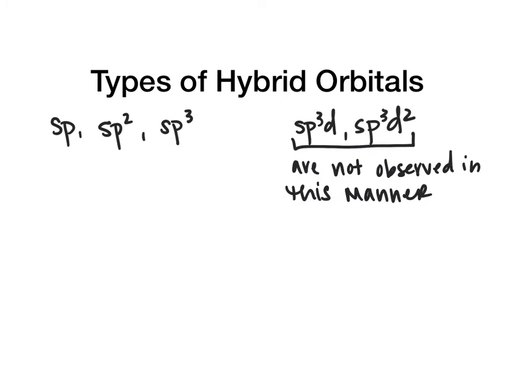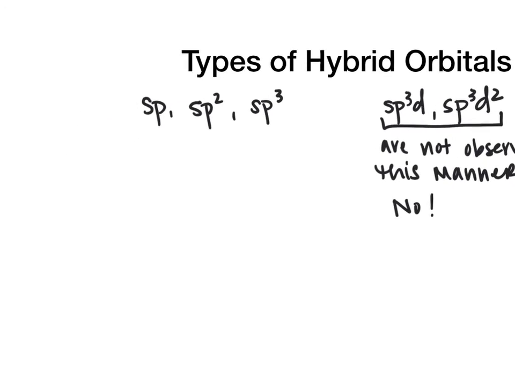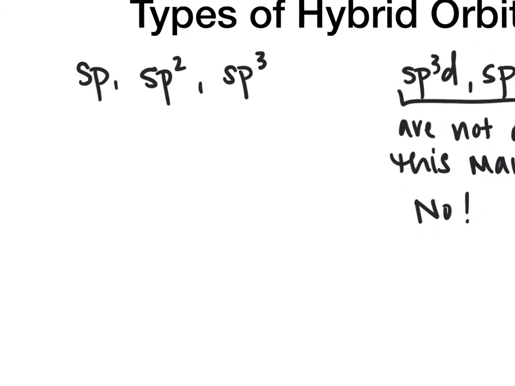While we know that these structures exist because we have steric numbers 5 and 6, we also know that this is not exactly true. And so we are not going to hybridize in this way. We are only going to focus on sp, sp2, and sp3 hybridization. So these are a big resounding no. So let's go and talk about the sp, sp2, and sp3.